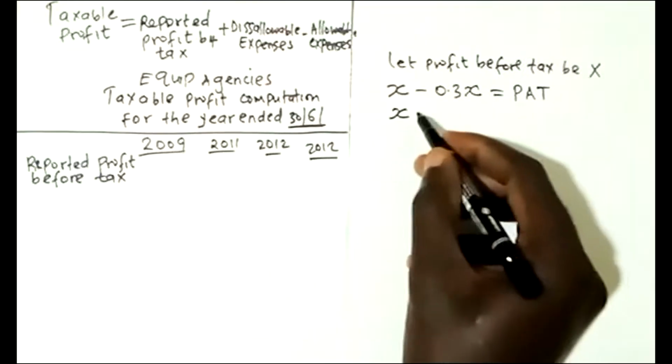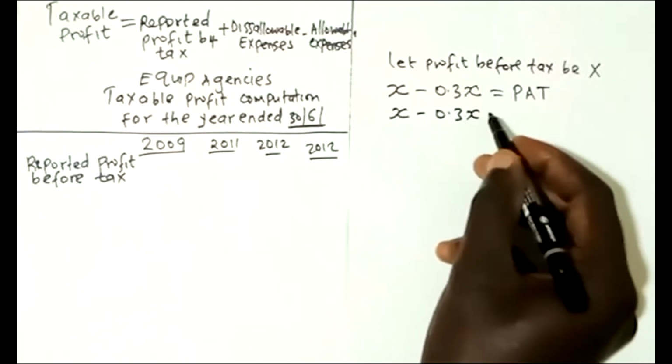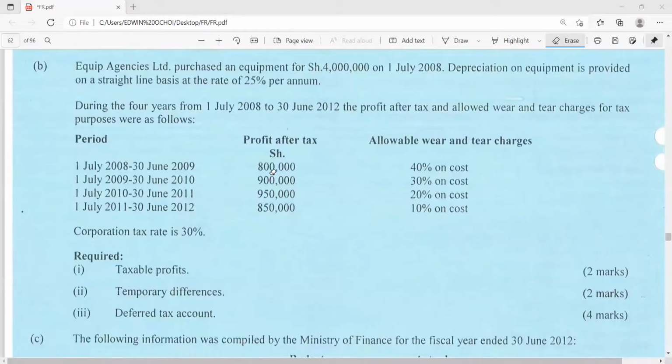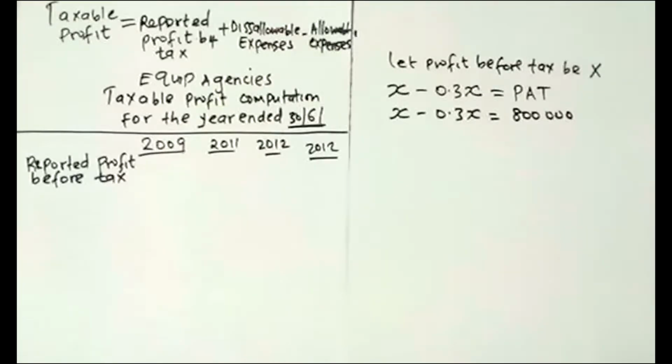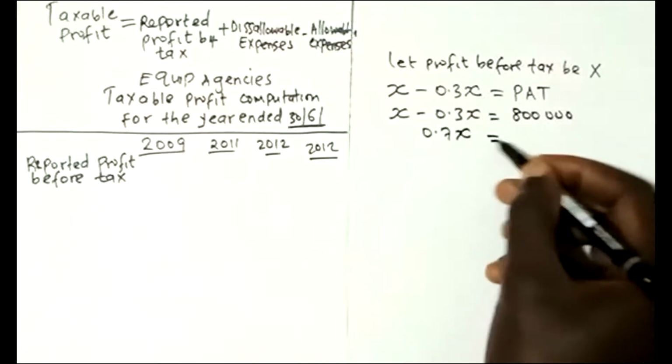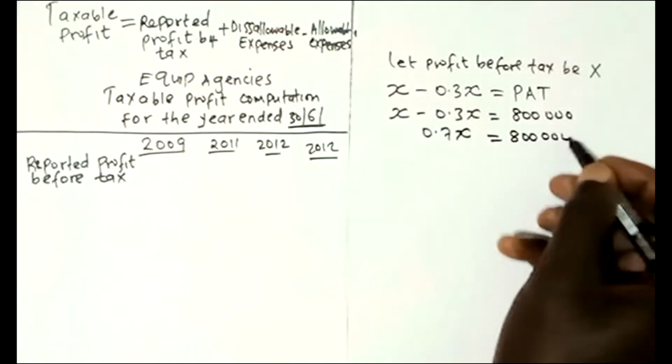For 2009, the profit after tax was 800,000. So 0.7X is equal to 800,000.